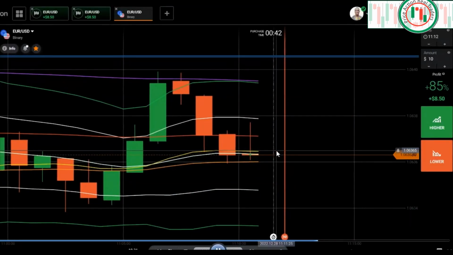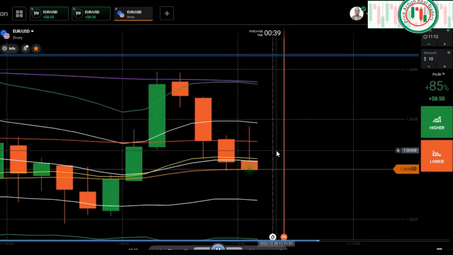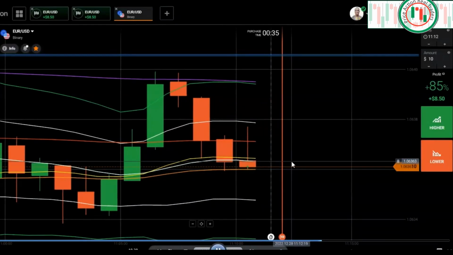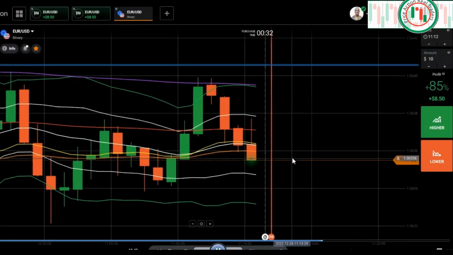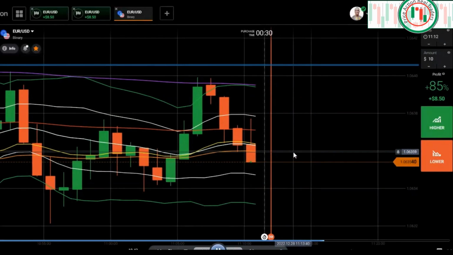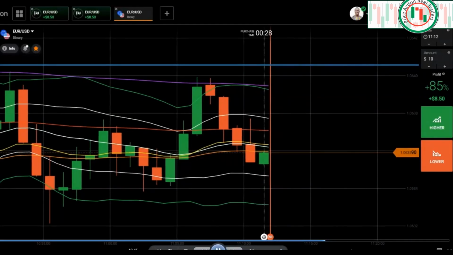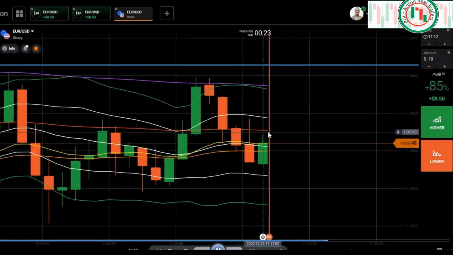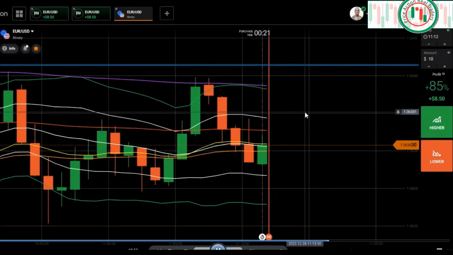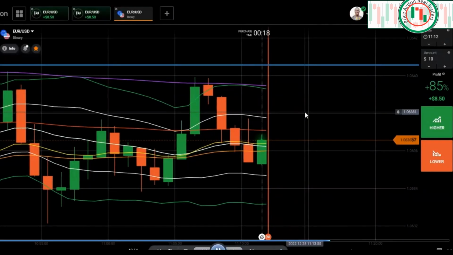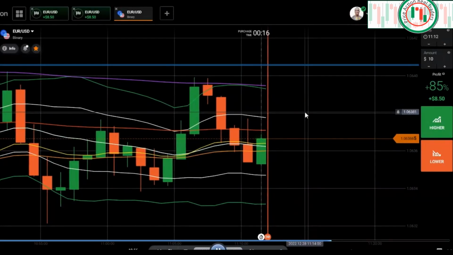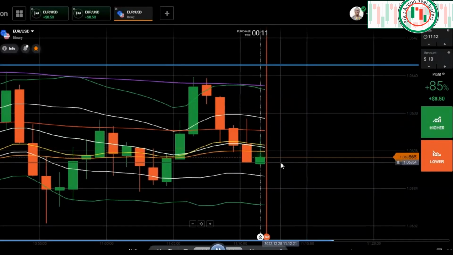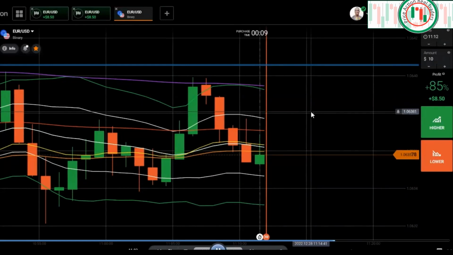Let's see, anything can happen, so I will not place my trade because of these three black crosses. So you see I'm still waiting.